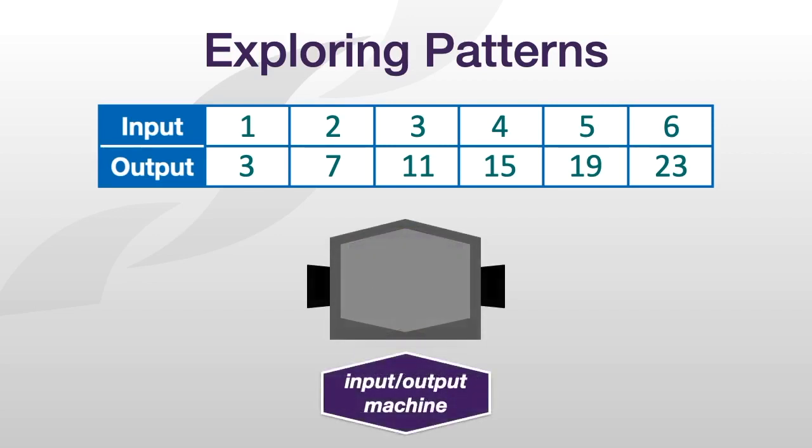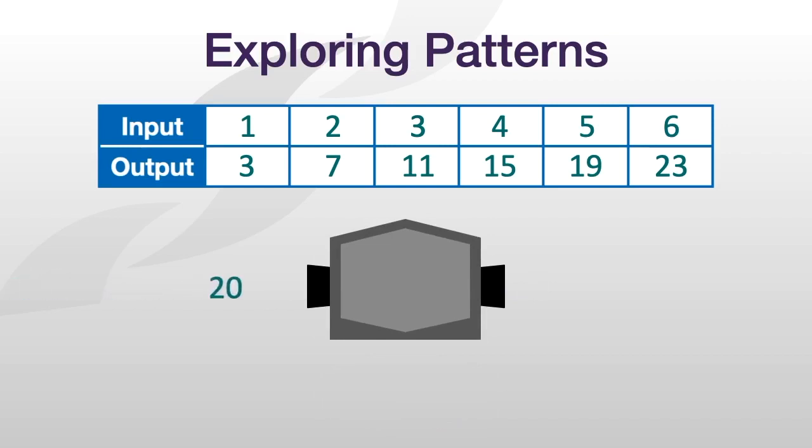To work with relations, we are going to use something that is called an input-output machine as a way of seeing how input leads to output. For example, when 1 is the input, 3 is the output. When 20 is the input, 79 is the output. Our objective is to figure out the pattern rule that turns the input into the output.